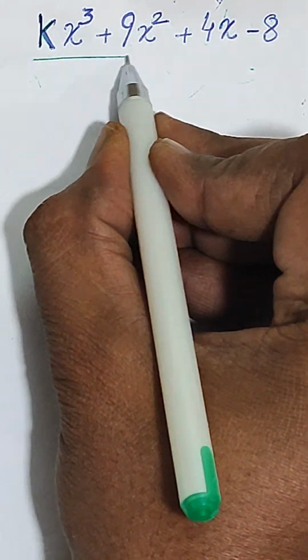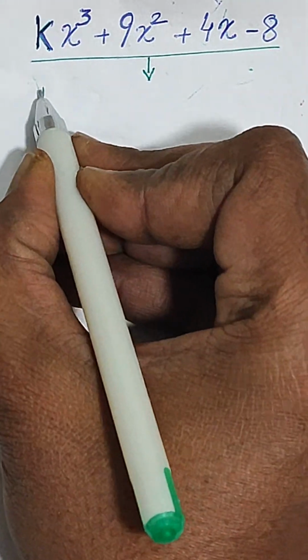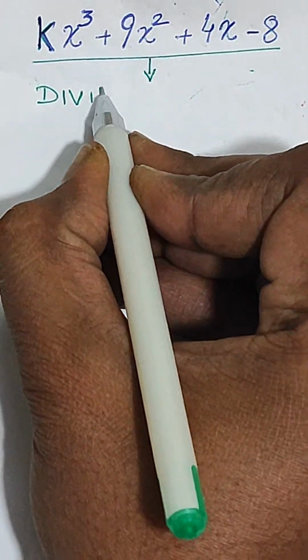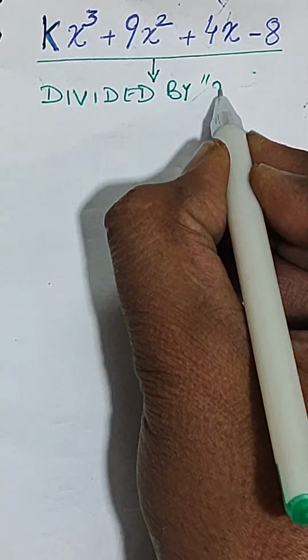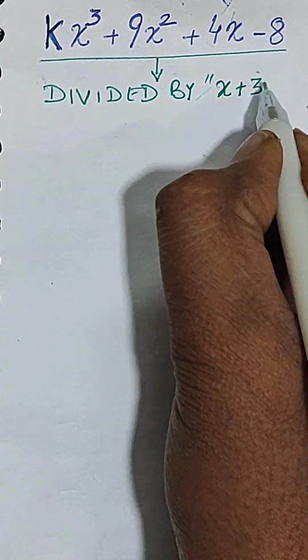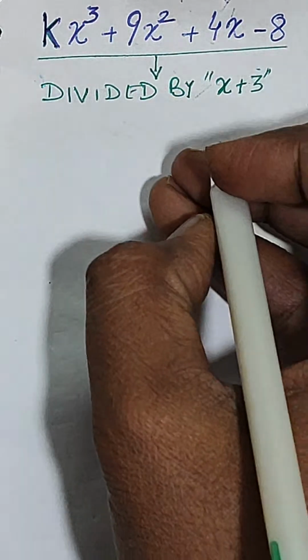This one is divided by x plus 3. The remainder is minus 20.